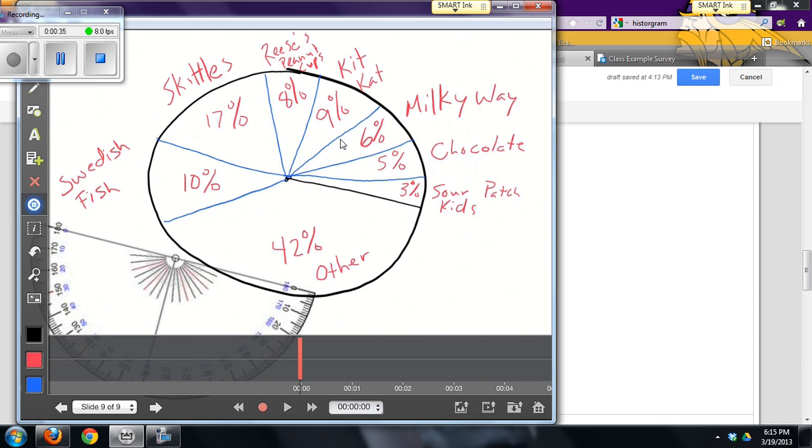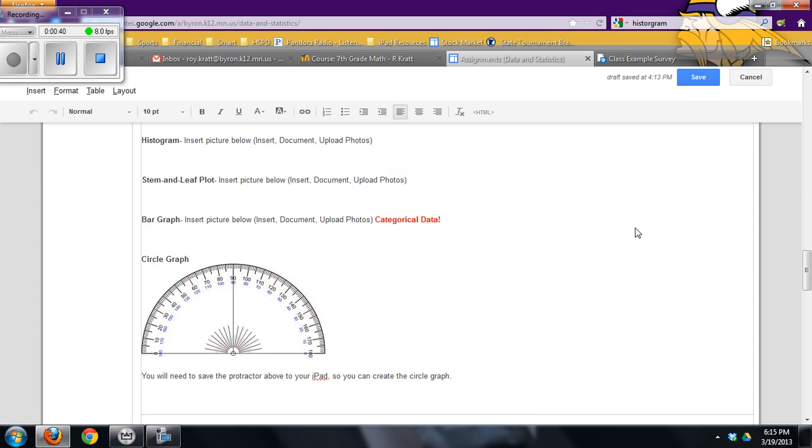Now we've got quite a bit of work to do before we can get after your circle graphs. What I need you to do first is save this picture right here. This is a protractor. With your iPad, you can press and hold on that protractor, and then save it to your camera roll.